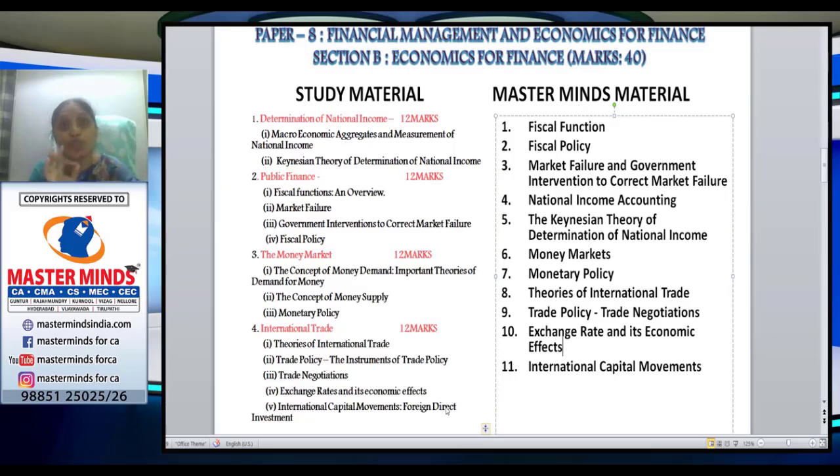Supply and demand together are known as a market. In the same manner, money supply and money demand together are known as money market. So we combine those 2 chapters of money demand and money supply as a single chapter in our masterminds material as money markets.